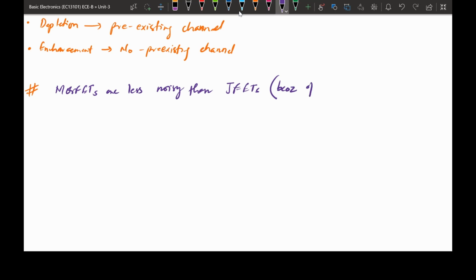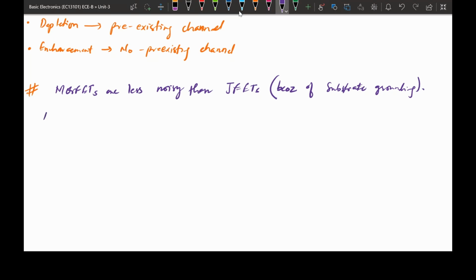Because of substrate grounding, that means the substrate terminal is always grounded in case of n-channel MOSFET. That's why JFETs are compared to be more noisy than MOSFETs.